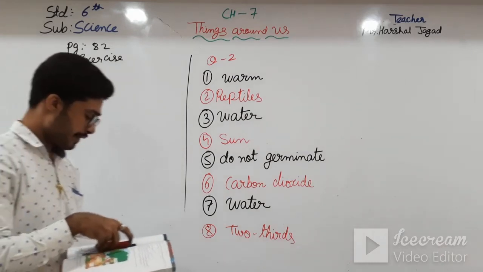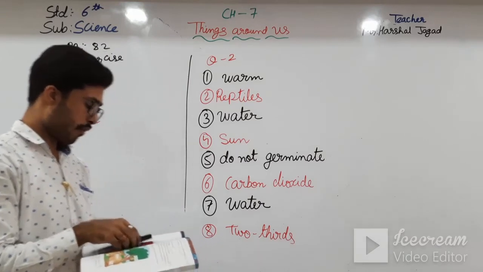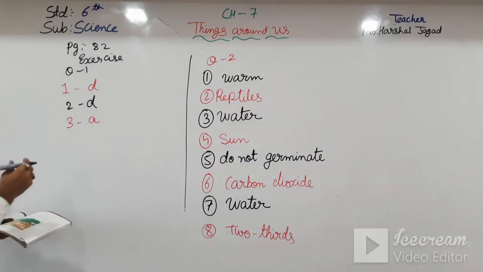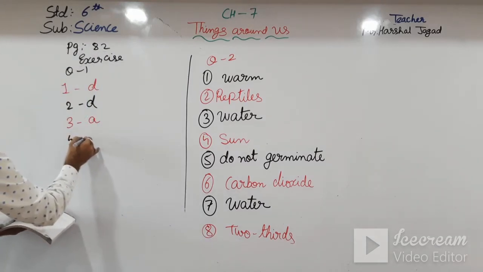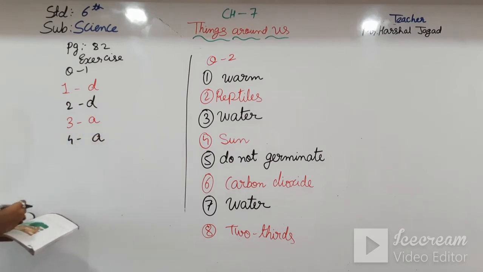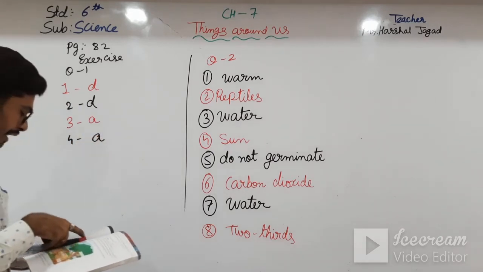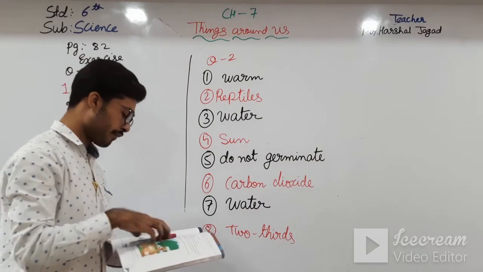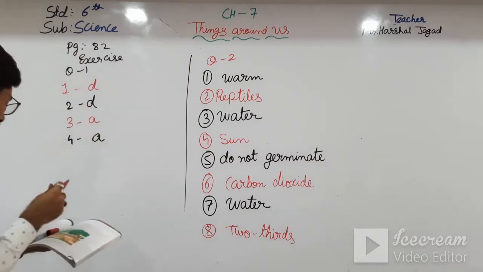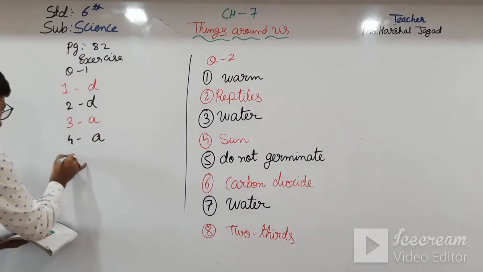Fourth one, which of these are warm blooded animals? So fourth one, that is A. Fifth one, which of these are the abiotic components of an ecosystem, that is air and soil?